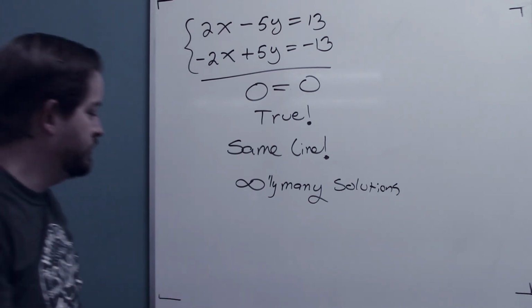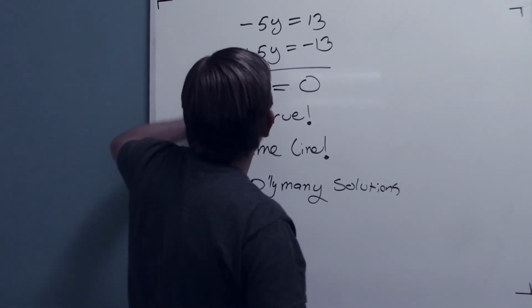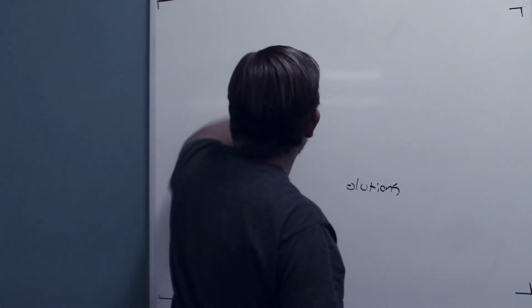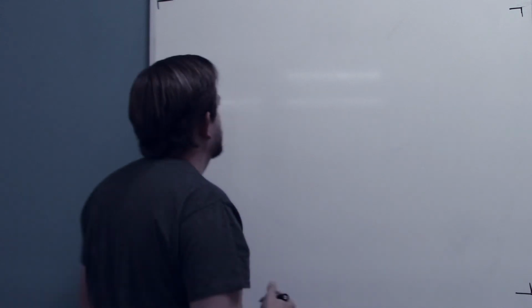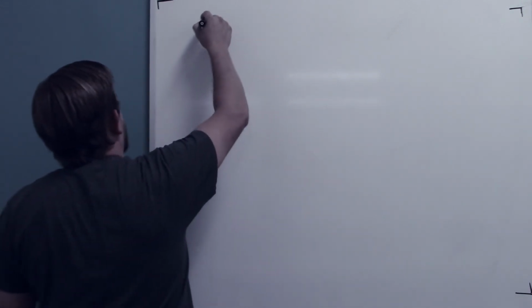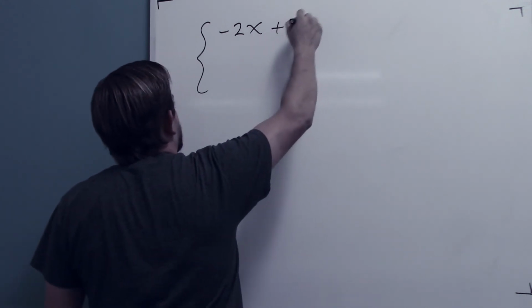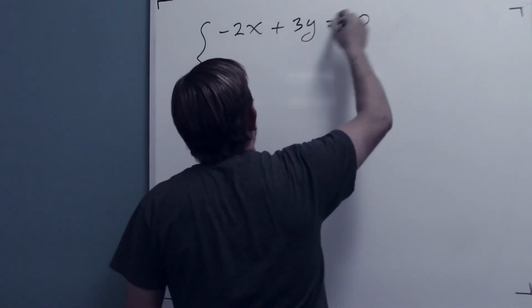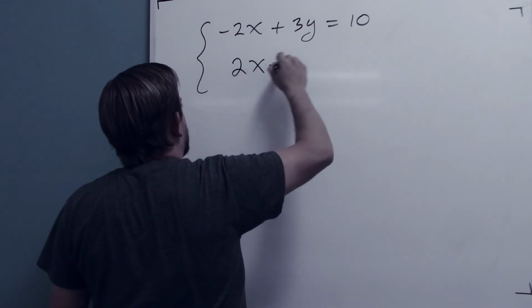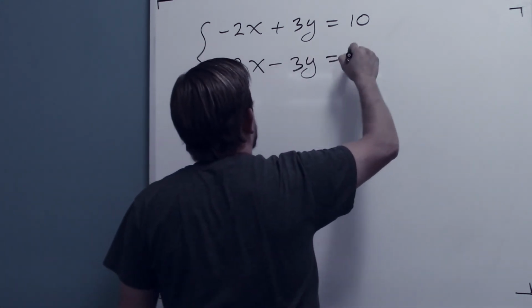All right, let's take a look at one more. I'll skip the initial cleanup, and let's say that I have negative 2x plus 3y equals 10, and 2x minus 3y equals 15. Right?